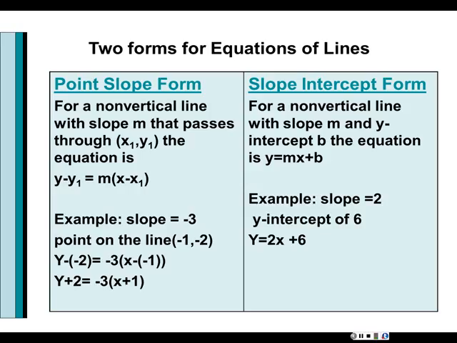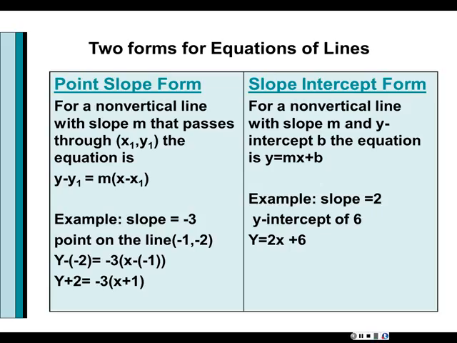Why? Because every vertical line has an undefined slope. So in both of the equations you see there is an m. Since there is an m, you do not have m for vertical lines because the m is undefined.